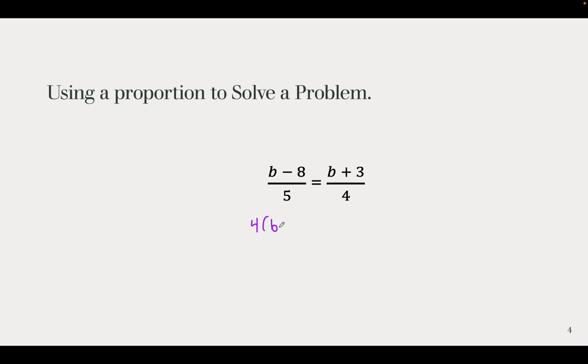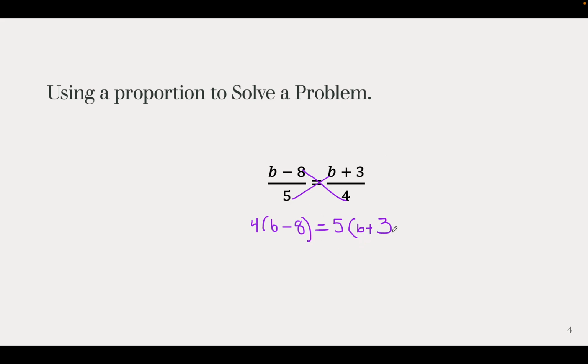So I would have 4b minus 8 equals, and then I multiplied this way, I'm going to multiply this way now, 5b plus 3.